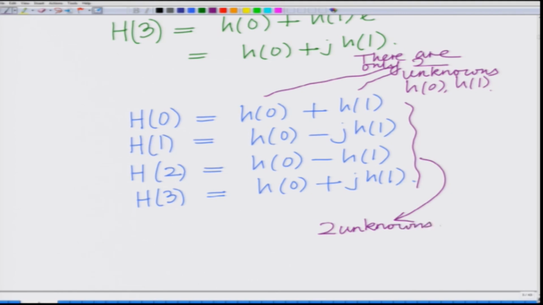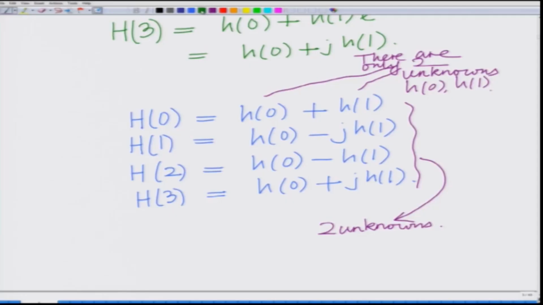If you view this as a set of 4 equations in small h0 and small h1, you realize that there are only two unknowns, that is h0, h1. There are as many unknowns as the channel taps, so capital L equals 2 in this scenario. Therefore, you only need two equations to estimate the channel taps, which means you need only estimates of two subcarrier channel coefficients to estimate h0, h1. That is the point. There are 4 equations and 2 unknowns.